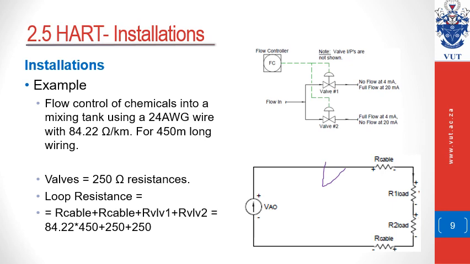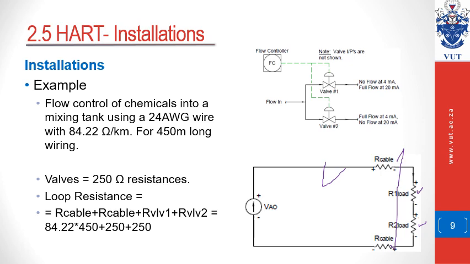The circuit, by virtue of being wired using copper cable, will have the resistance of the cabling, and it will also have the other resistance due to the inputs of the valves, where the valves measure how much throttling they need to tend to.